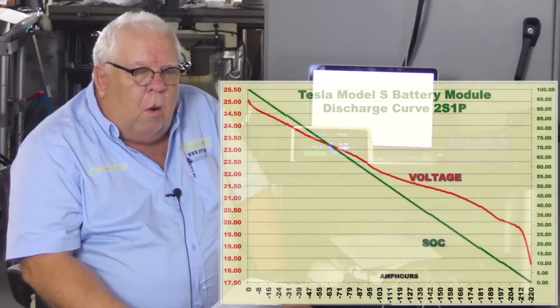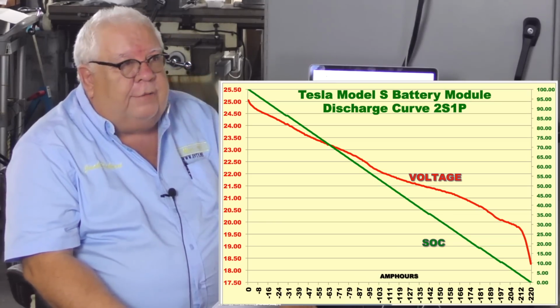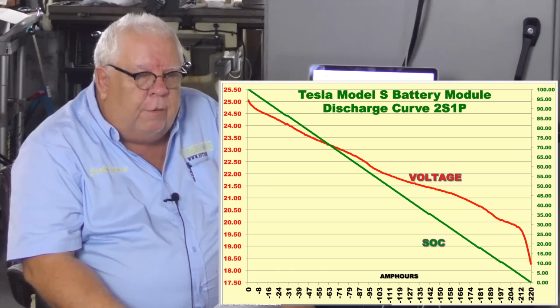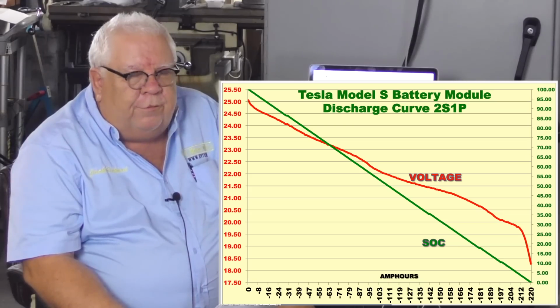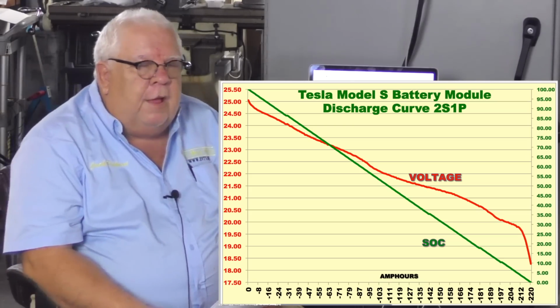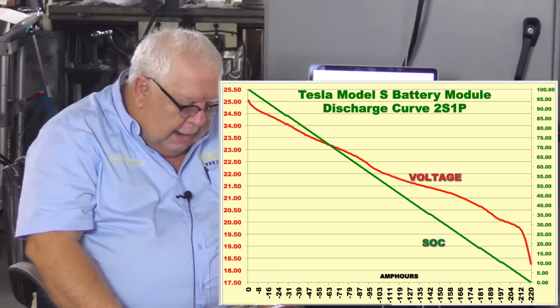We recently published a discharge curve on the helicopter battery, and even I was surprised to see that going from 19 and a half volts down to 18 volts, there was 6 or 7 amp hours difference. This is the part of the curve where it goes very steeply down.